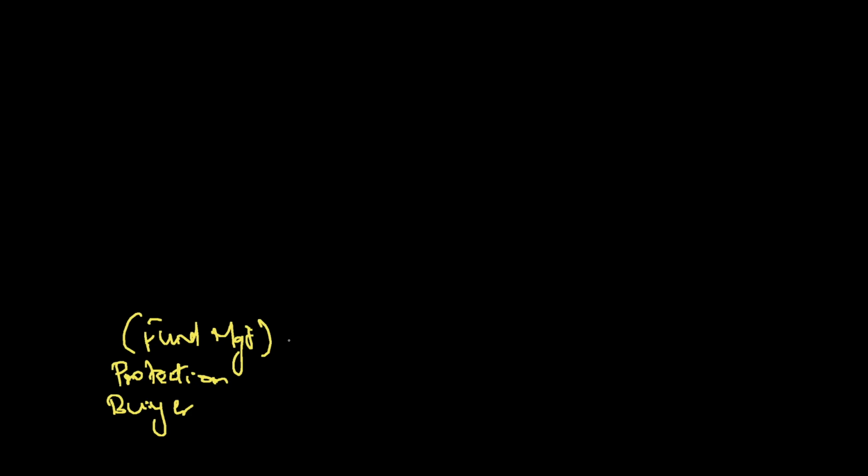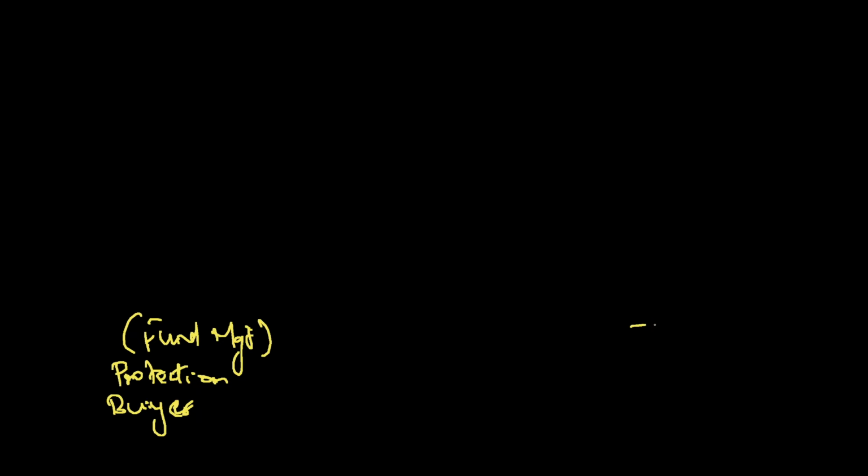Now coming to the trade life cycle. As I said, there are two parties. One is the protection buyer, which is the fund manager or portfolio manager, whoever is buying this insurance.